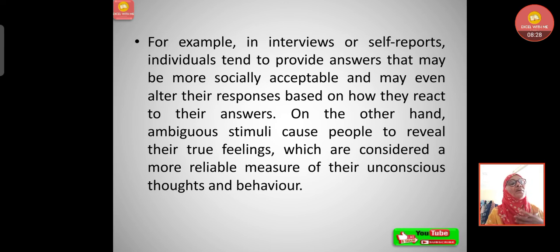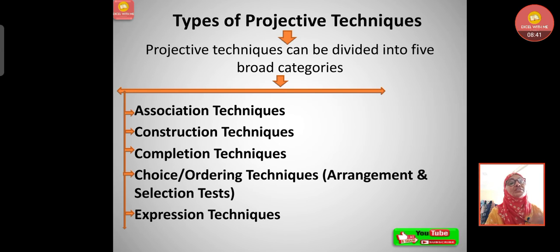If we want the genuine perception of any person, these projective techniques or images can bring out their own perception, thinking, and thoughts, whatever is in their brain. We will discuss the next part, types of projective techniques, in the next class in detail.